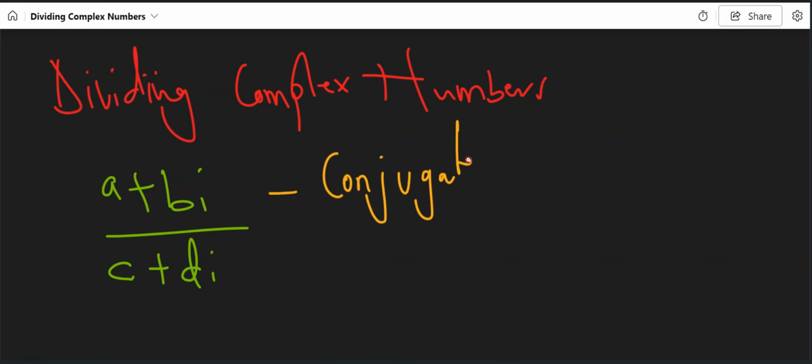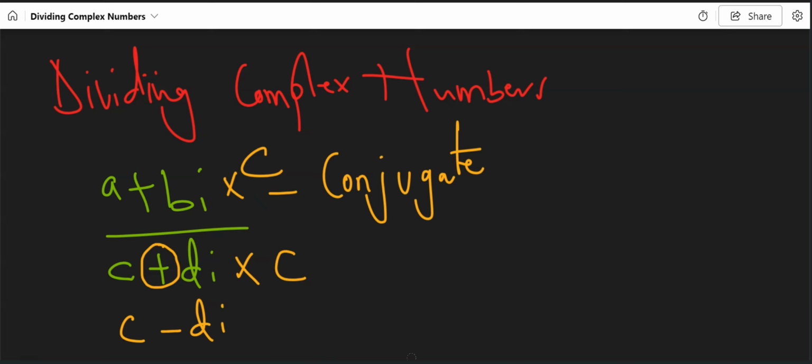A conjugate is basically the opposite of the sign that is present. So the conjugate of c plus di is c minus di.